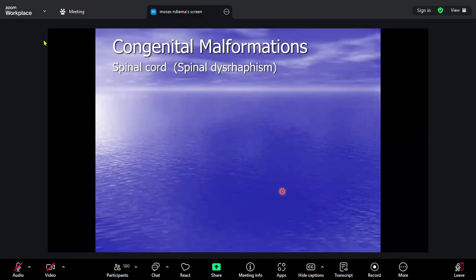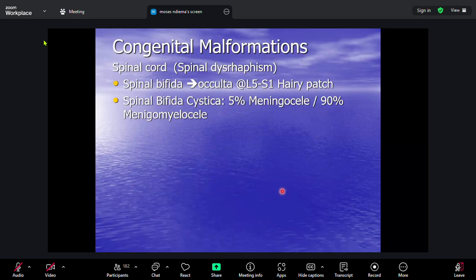Other anomalies, I think we've talked about spina bifida cystica. In spina bifida cystica, you can see this normally at L5-S1, and this S1 is an area where we normally have development by secondary neurulation. So spina bifida is a problem that arises because of failure of fusion of the posterior neural cord.